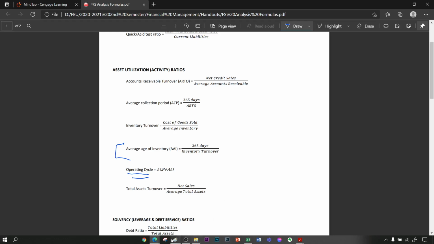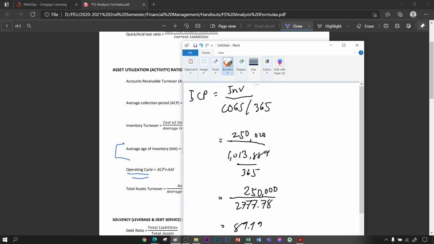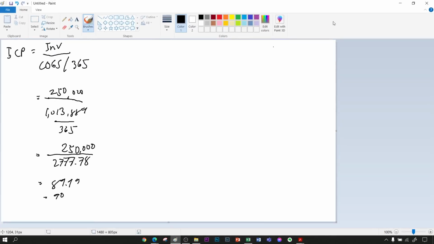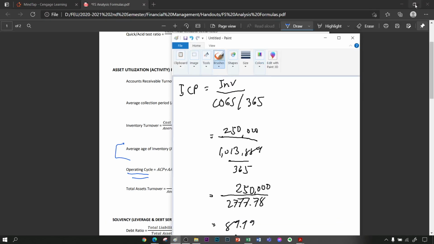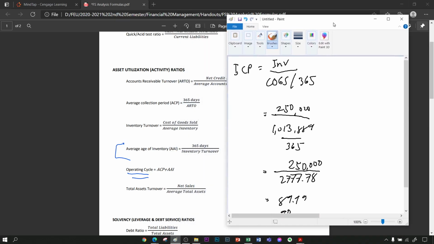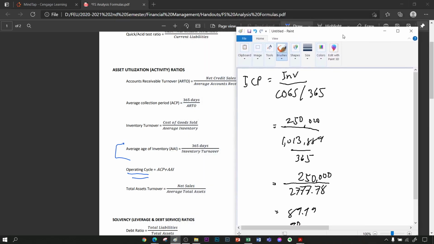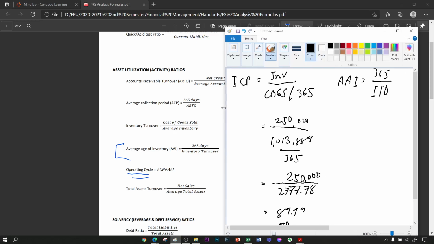Dun sa computation natin dun sa Brigham book. Ayan. Try mo nga. Ano yung formula? Dito. AAI is equal to 365 days over inventory turnover. Okay. So, kailangan mo pang malaman kung ano yung formula ng inventory turnover.